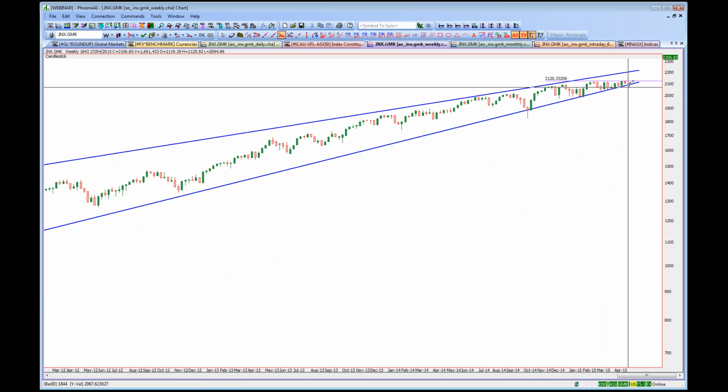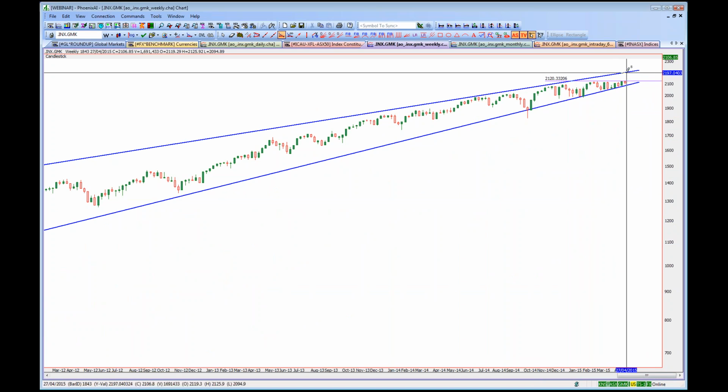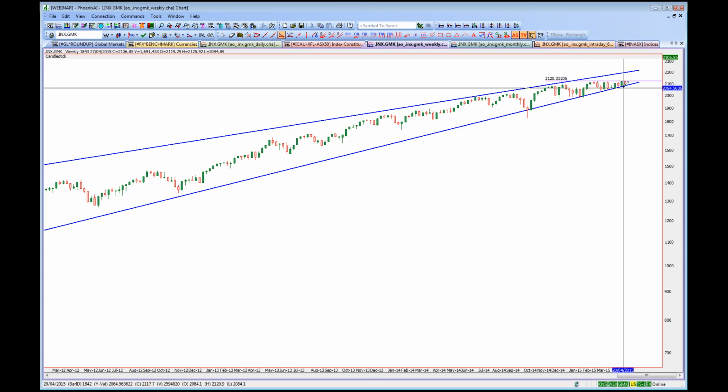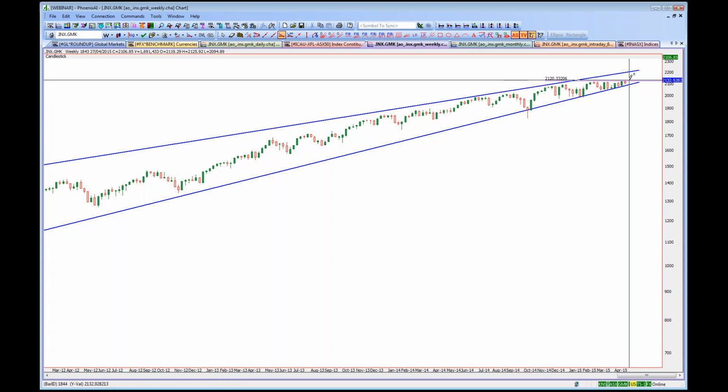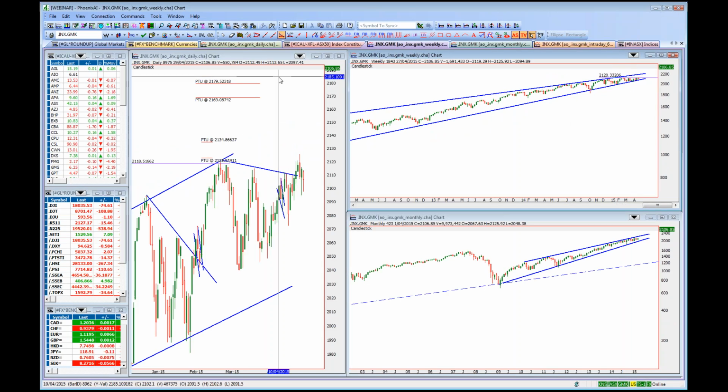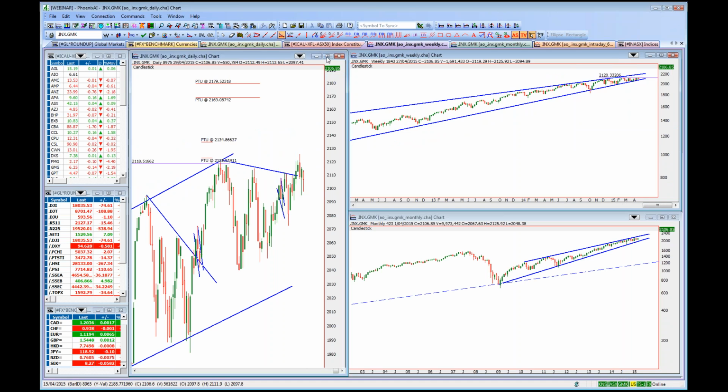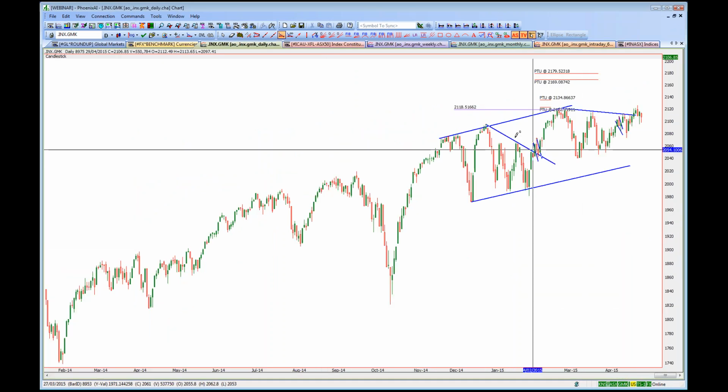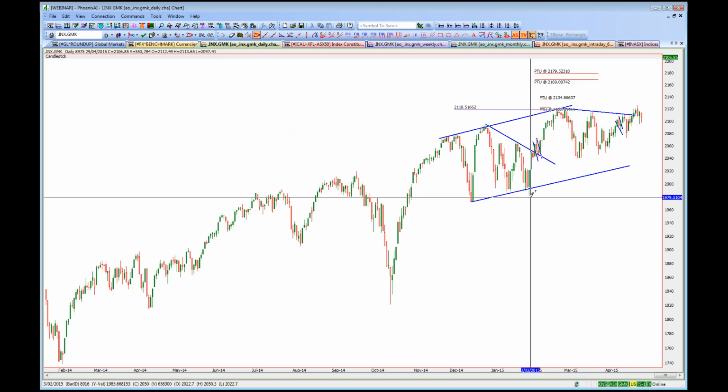If it breaks above, at least you can start trading it to the upside for the top of the rising wedge. But right now, you really shouldn't be looking at this unless it breaks above it or below it for that matter. And we can't say much more on the weekly. Let's have a look on the daily. Like the Dow, again, the same thing. We can go from here.